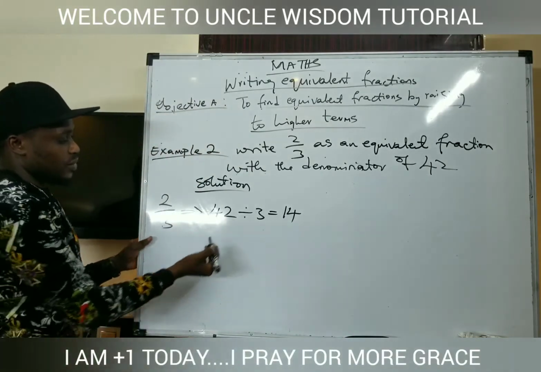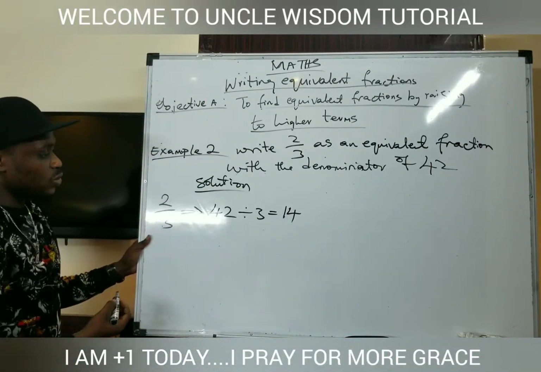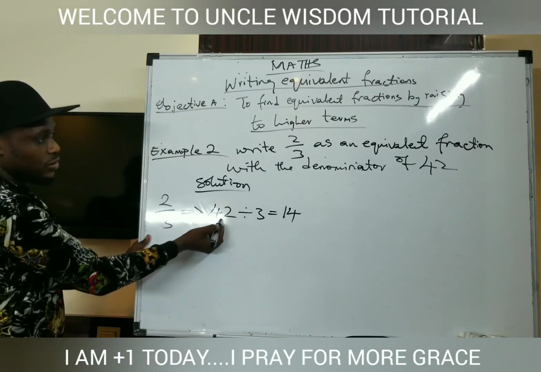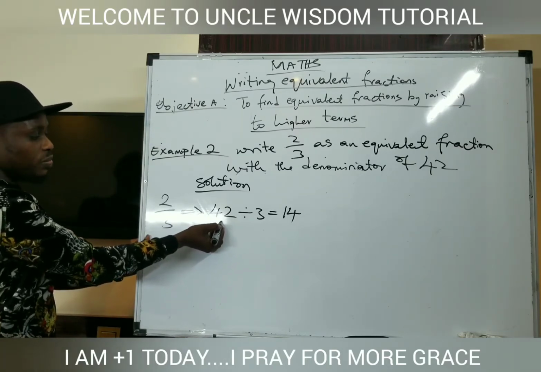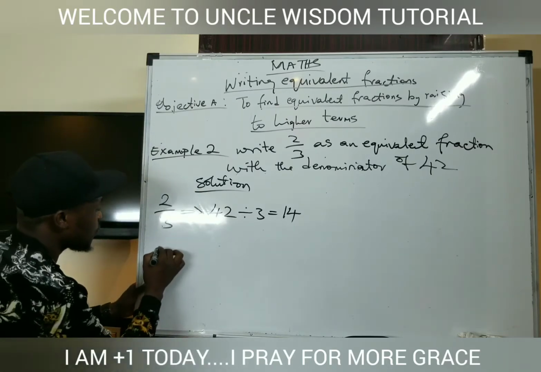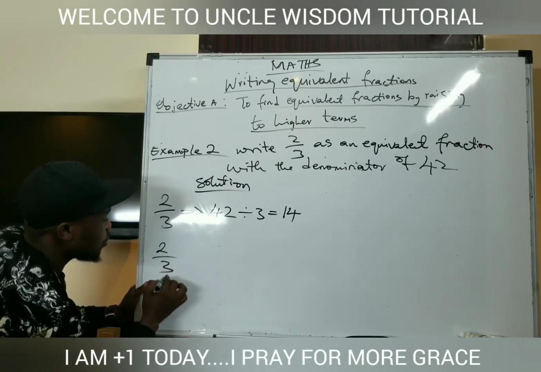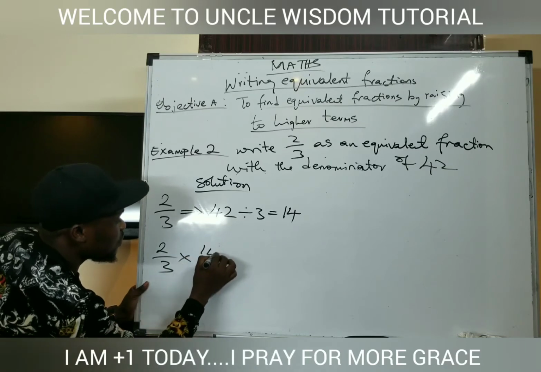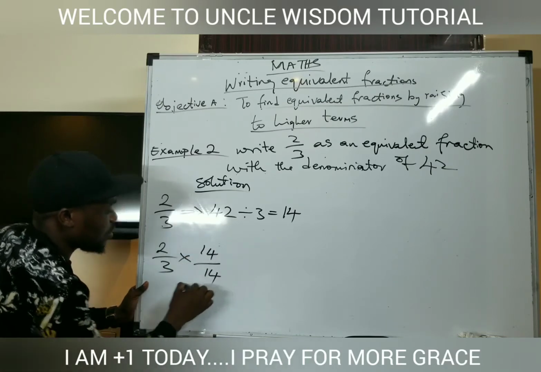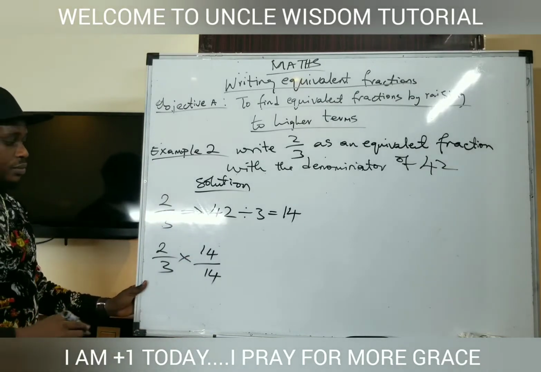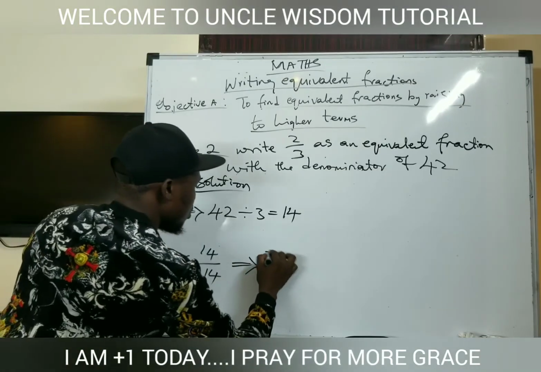Therefore, this 14 now, what we will now do to get the equivalent fraction that has a denominator of 42 is by multiplying the numerator and denominator of the original fraction by 14.